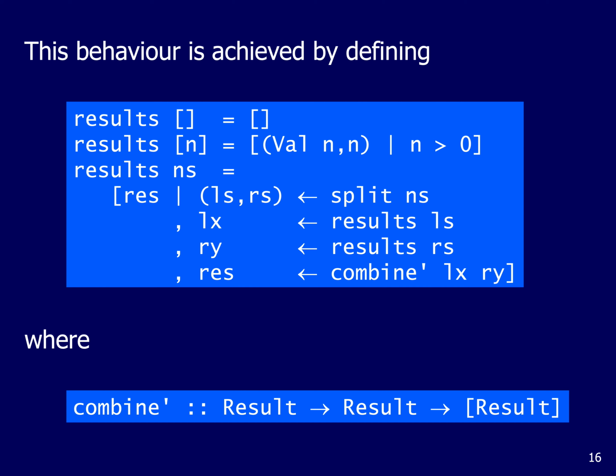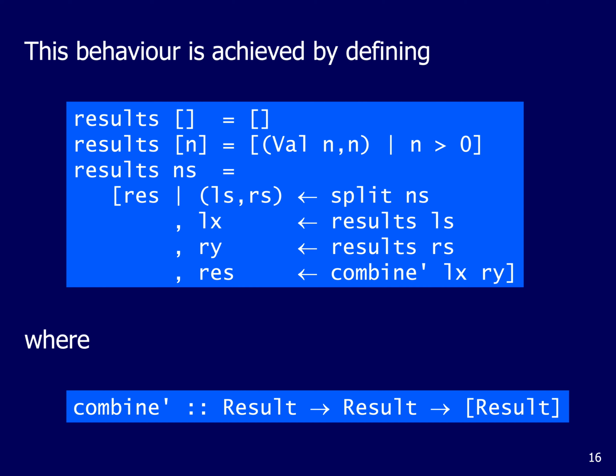It turns out to be very straightforward to realize this behavior in practice by defining the results function recursively. So here's the definition for it, and it looks very similar to the express function, except that this function is returning results, which are pairs of an expression and its successful value, rather than simply returning expressions.